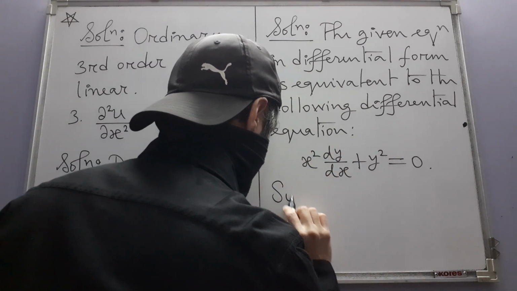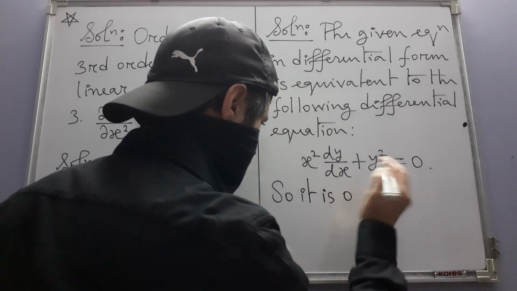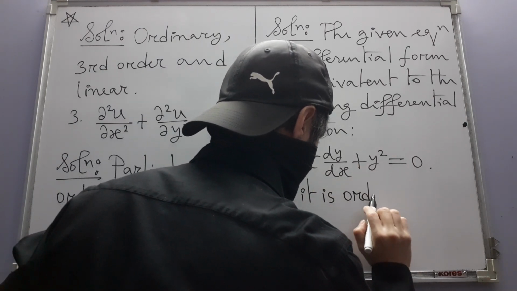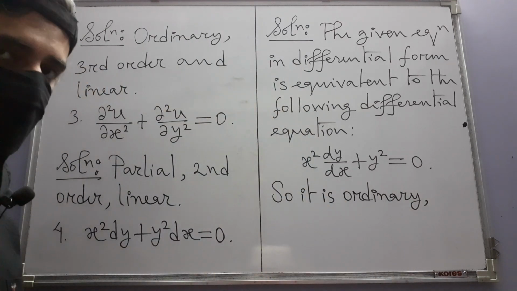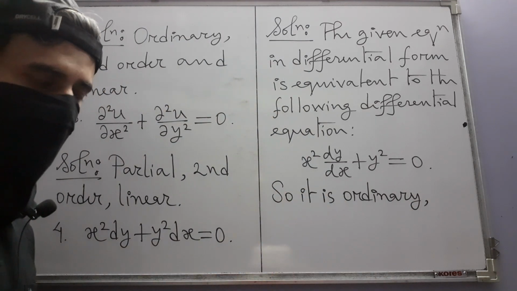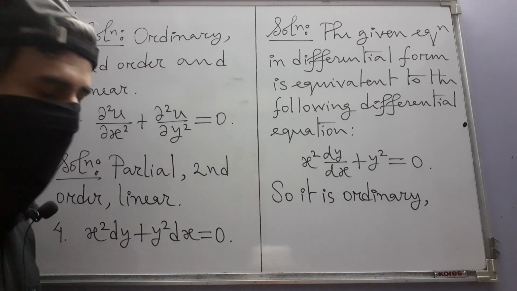So, it is, of course, ordinary, because there is only one independent variable x. First order, because only the highest order derivative is the first derivative.